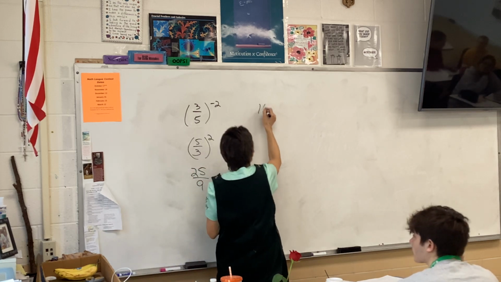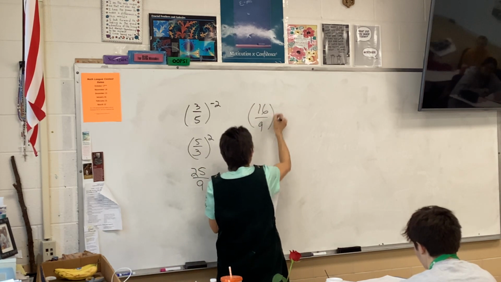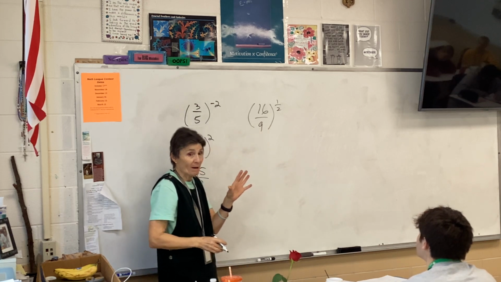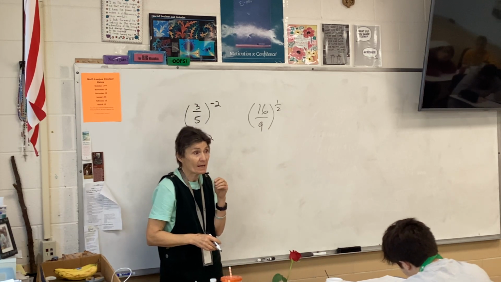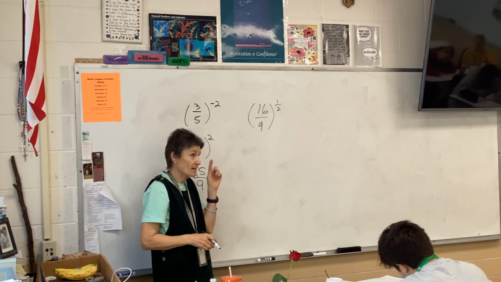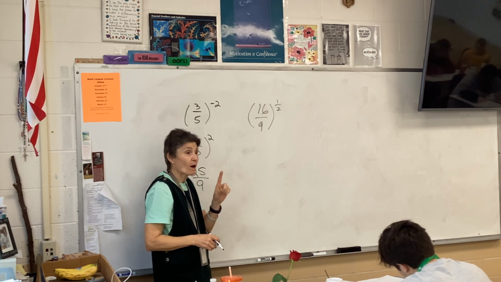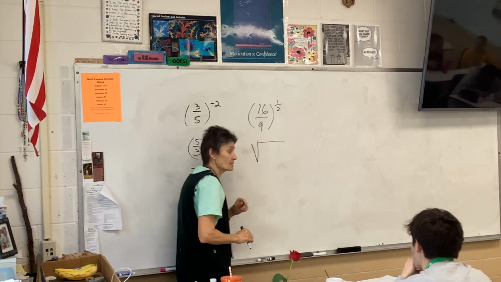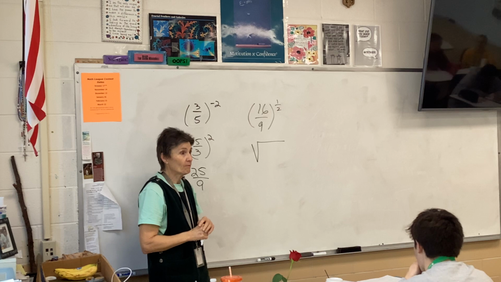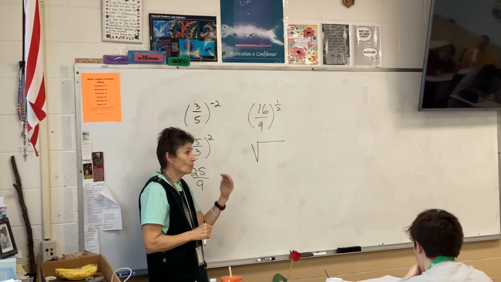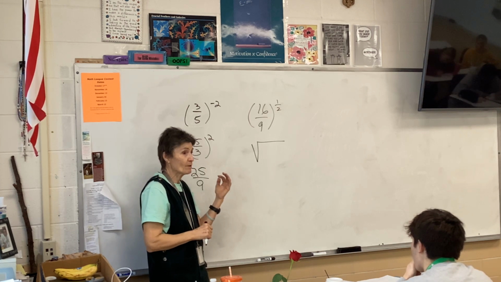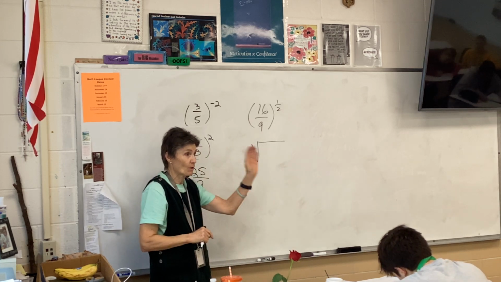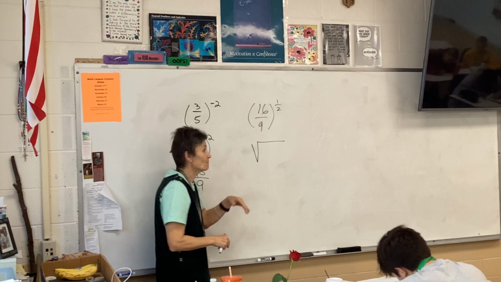Now, the next problem does not have a negative, so we're not going to be doing any flipping. But it does have a fraction exponent. So what do fractional exponents always mean? Radicals. Program yourself. Say it over and over again as you're walking down the hall. Fractional exponents mean radical.